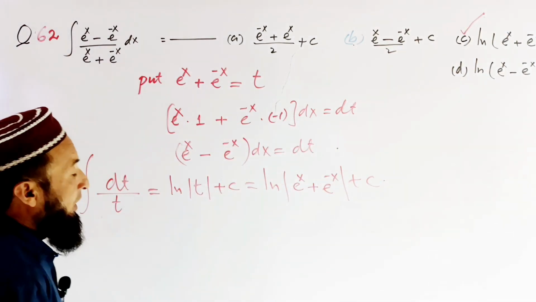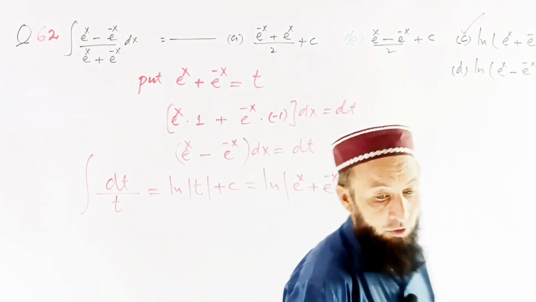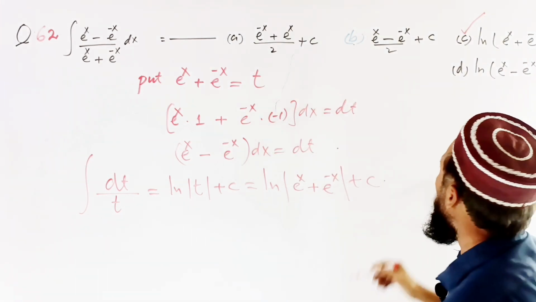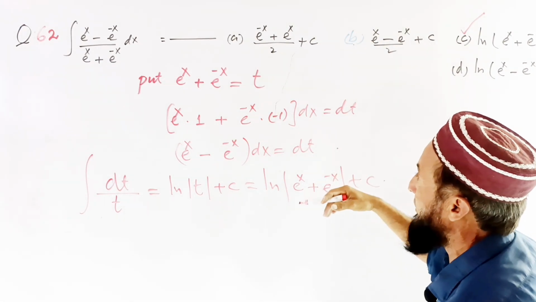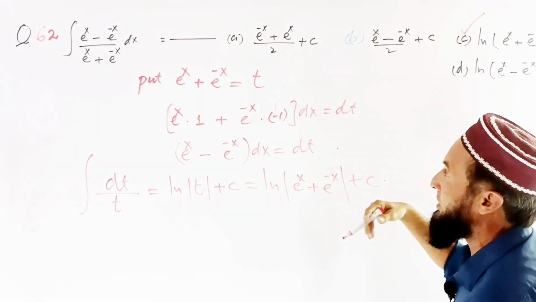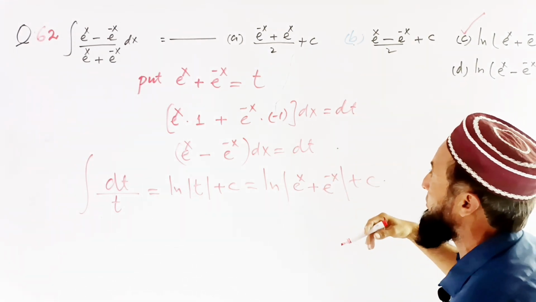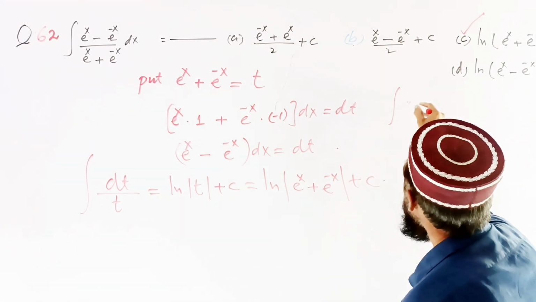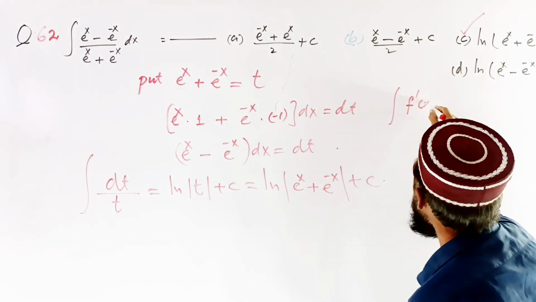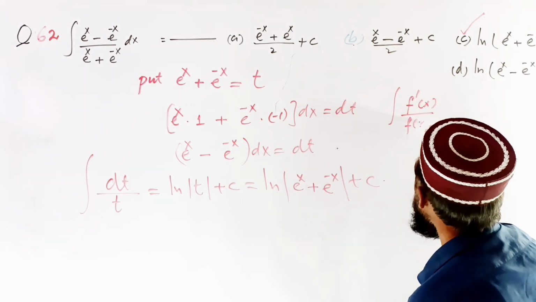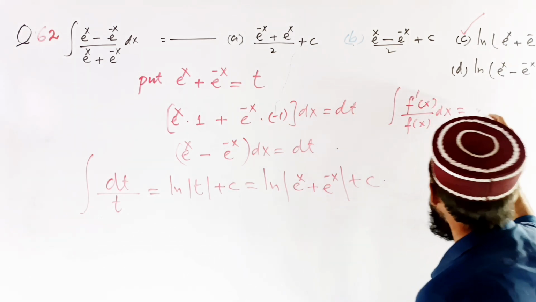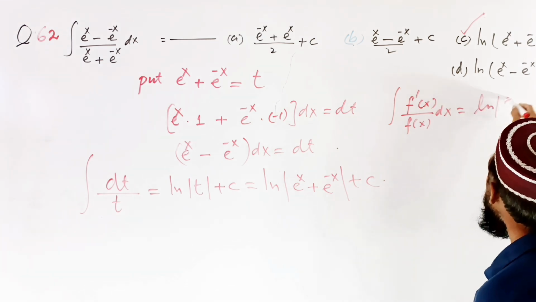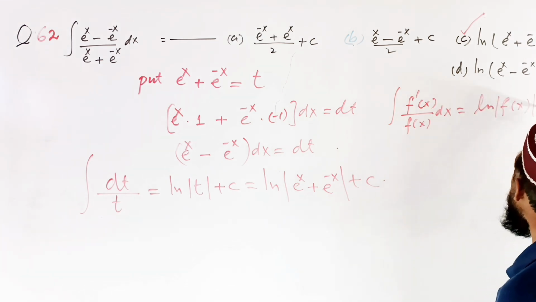So another formula we are using: if the denominator function is available and its derivative is available in the numerator, we use this formula, integration of f dash x by f of x dx, and the result will be log of f of x plus c.